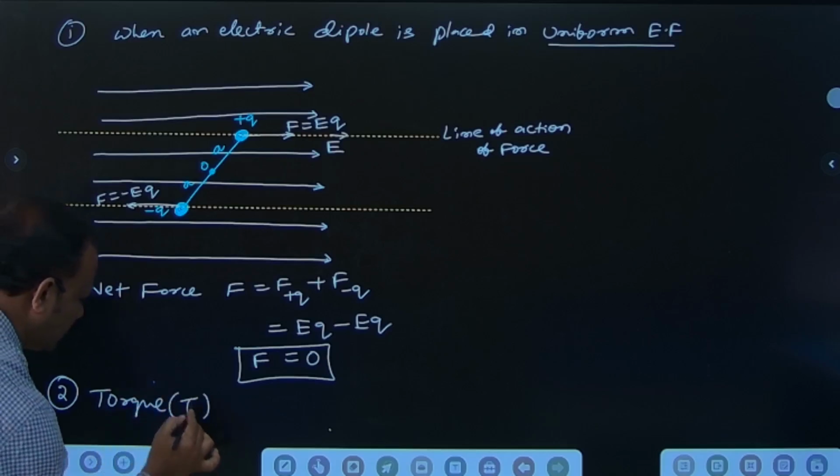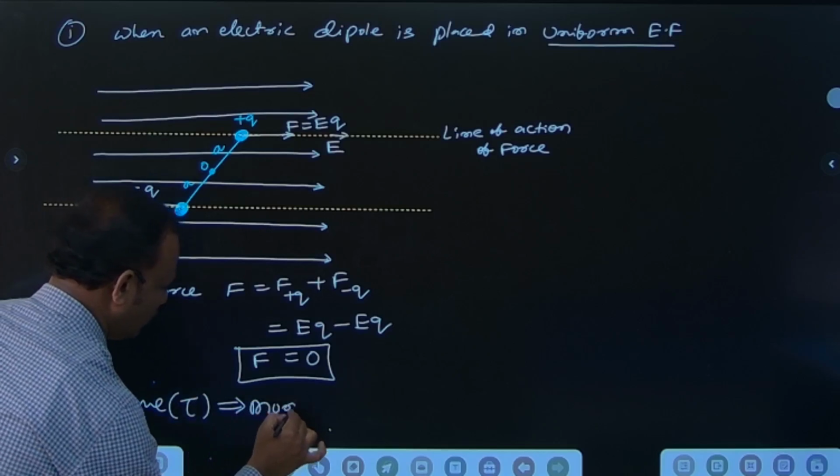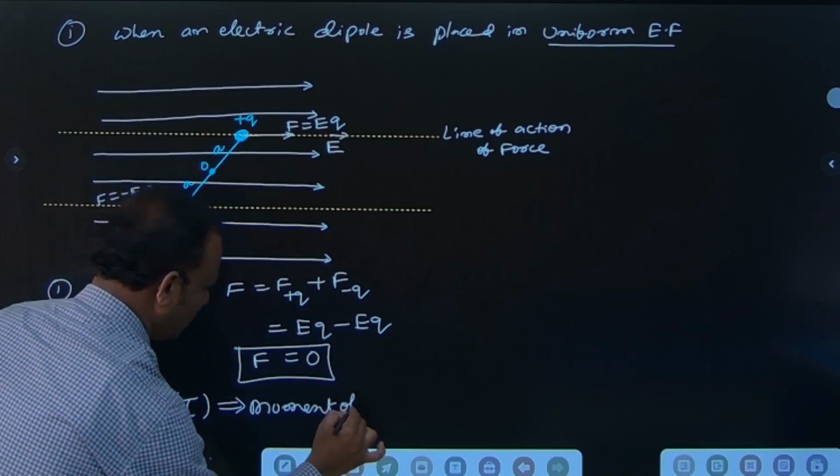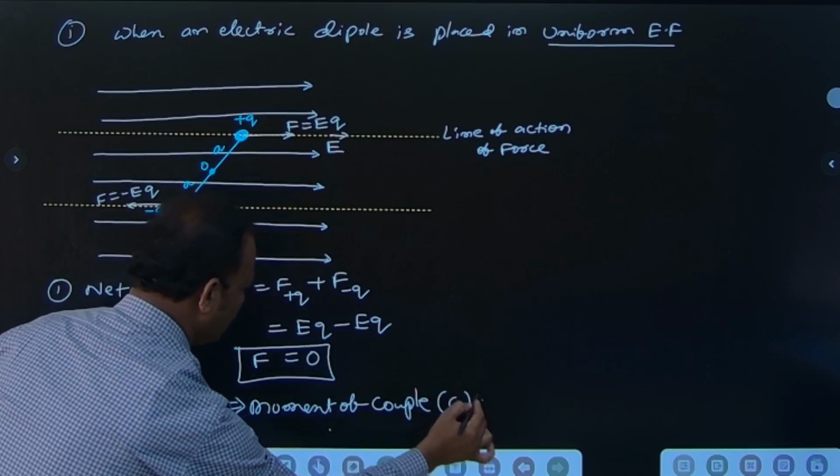Torque is denoted by tau, and it is also called the moment of couple.